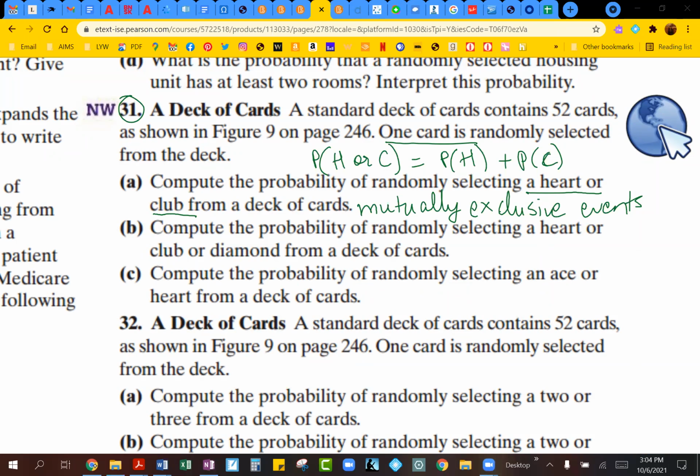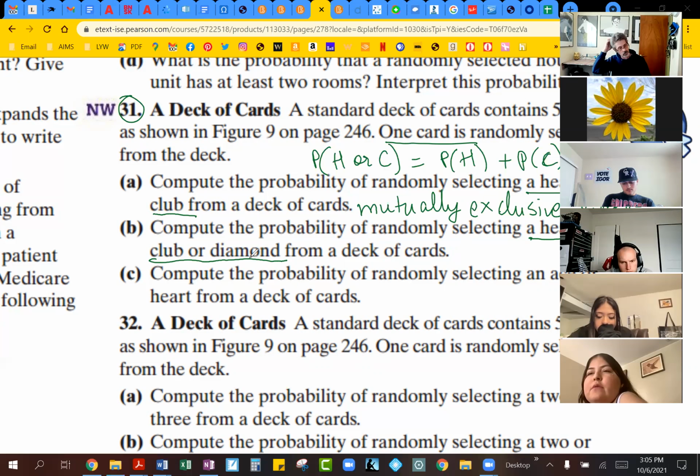So first thing again, are these going to be mutually exclusive events? This is saying compute the probability of randomly selecting a heart or club or diamond from a deck of cards. So technically, we've actually already done the probability of heart or club. What is the probability that the card will be a diamond? And again, are these mutually exclusive to each other, or can you have any overlap between a heart, club, and diamond?